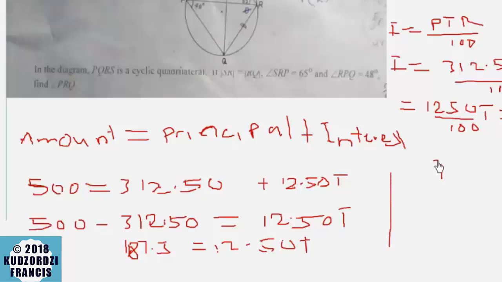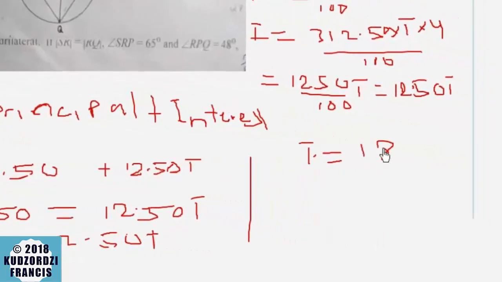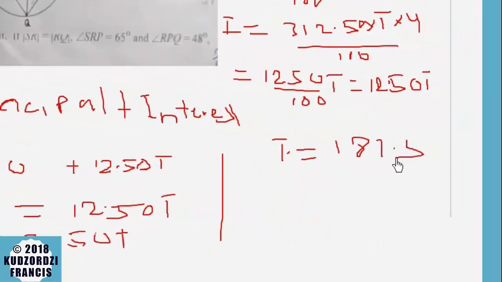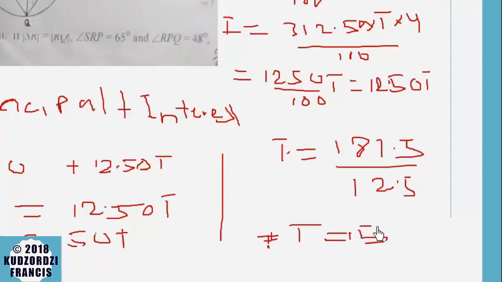So we divide both sides by 12.50, and we have 187.5 over 12.5. So our t will be equal to 15 years.